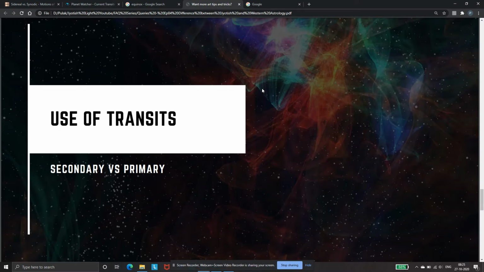For them to be predictive about any potential life theme, the only tool that they have is transits. They also make heavy use of the outer planets as a part of the transit system, which basically means Uranus, Neptune, and Pluto. In the Jyotish system, transits operate secondary to the Dasha period system.